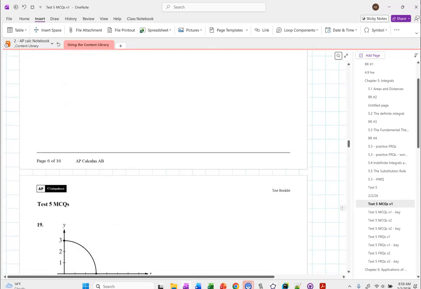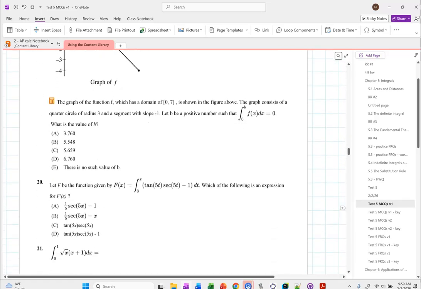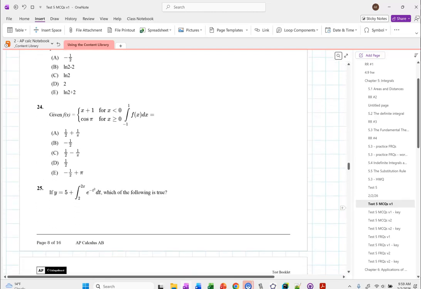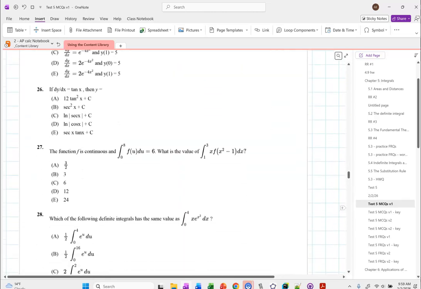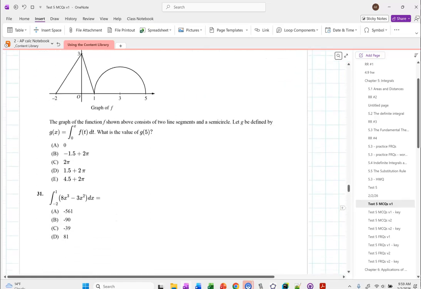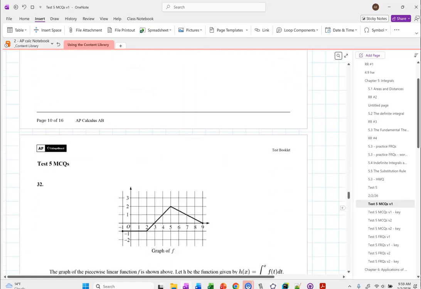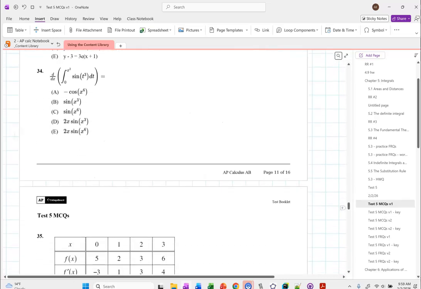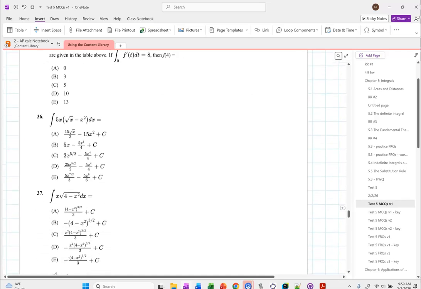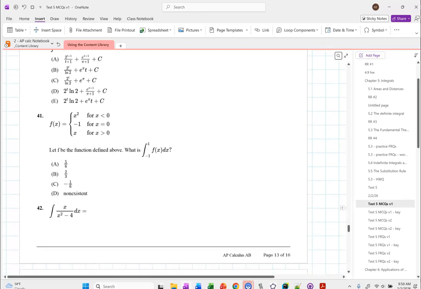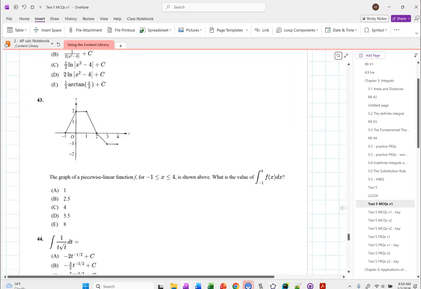Just skimming here, looking for what I want. I might need to look at the second set of multiple choice questions here. I'm not seeing what I'm looking for yet. That's okay. Got a lot of them to skim through.